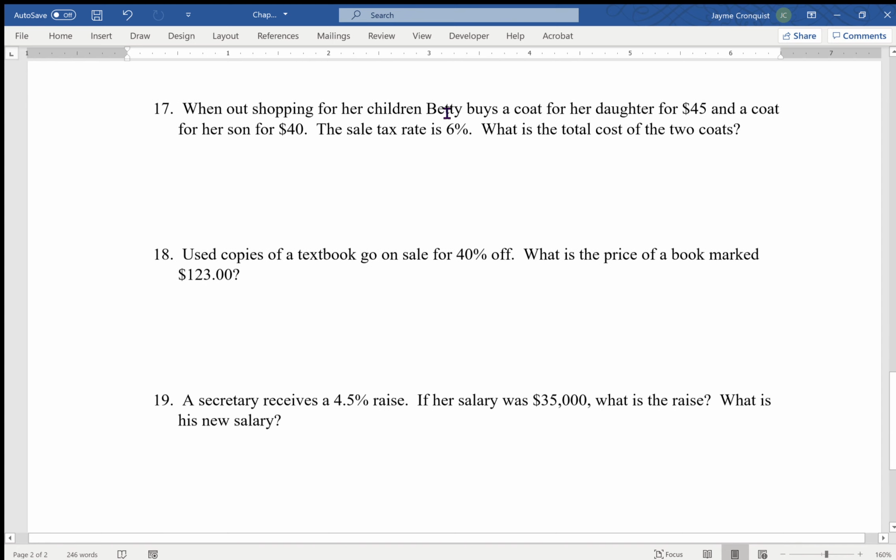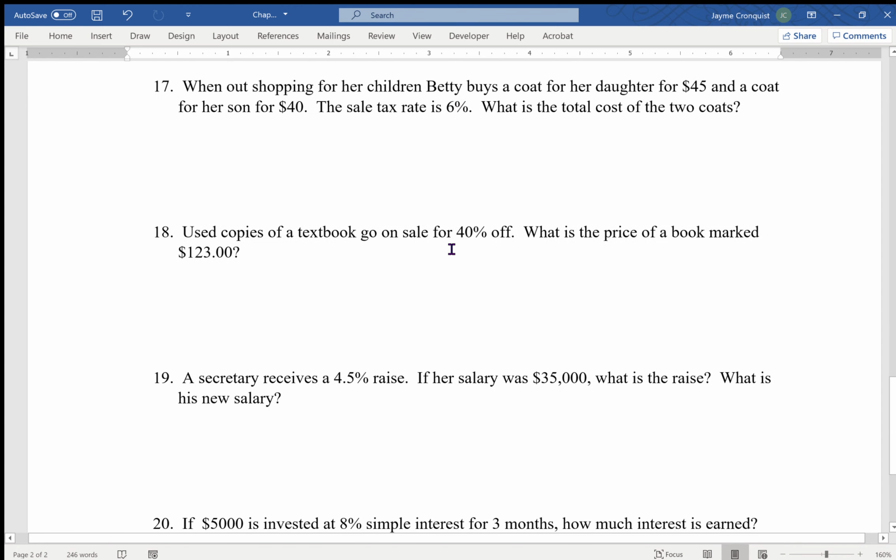All right. When out shopping for her children, Betty buys a coat for her daughter for $45 and a coat for her son for $40. The sales tax is 6%. What is the total cost of the two coats? Well, we have to add the two, find 6% of that, right? So we have 45 plus 40 is 85. Now we need 6% of 85.